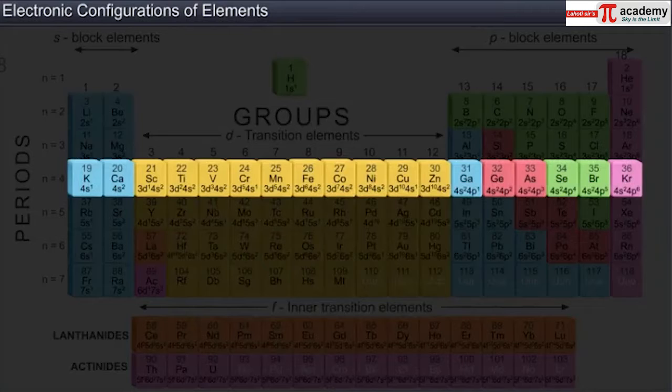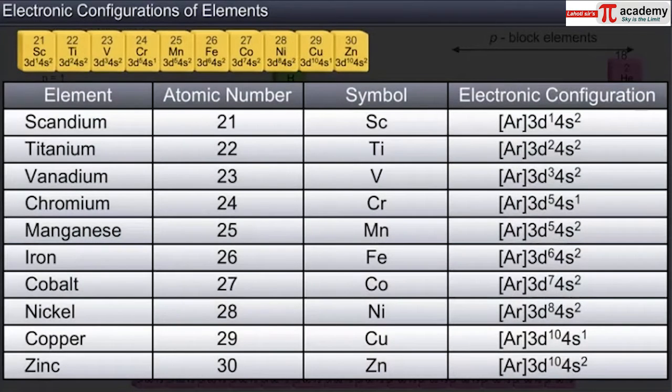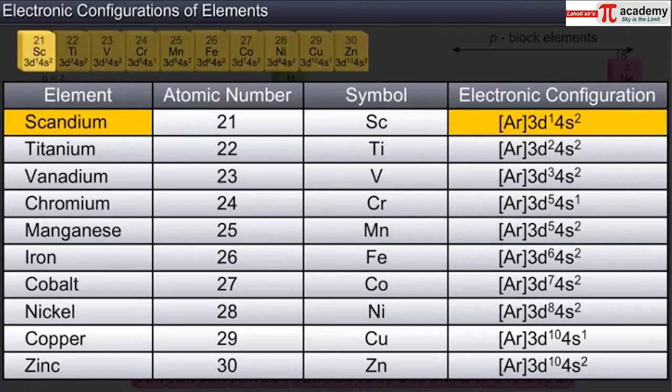Therefore, this period contains 3d transition series of elements placed after potassium and calcium in the fourth period. The first element in the 3d series, scandium, has an electronic configuration 3d1 4s2.